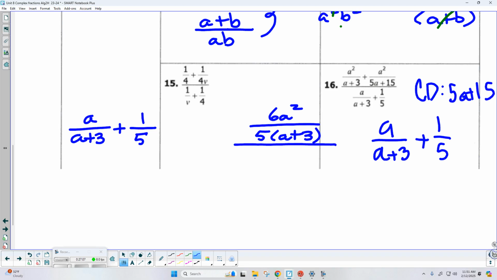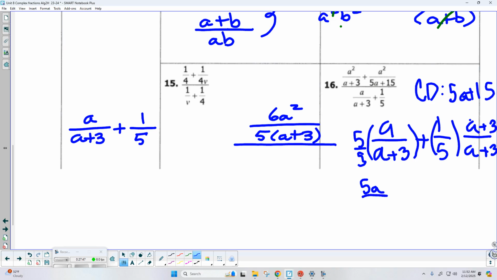Okay. So now on this one, we're going to have to change both of them. How can I make this 5a plus 15? We'll multiply by 5 over 5. So what about the 1/5? Oh, we're good. I can tell that's a 5. So we're only missing the a plus 3 there.